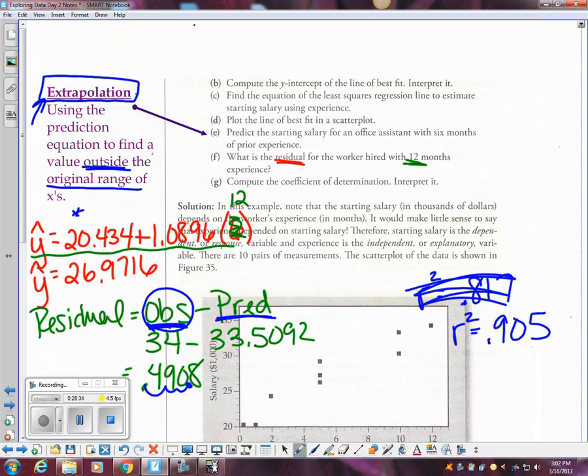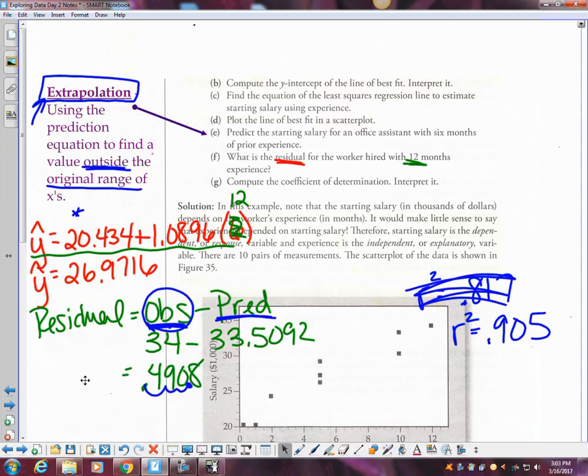Okay, now here's what that means. That means that 90.5% of the variation in starting salaries is accounted for or explained by the linear model relating starting salaries to the number of months experience.